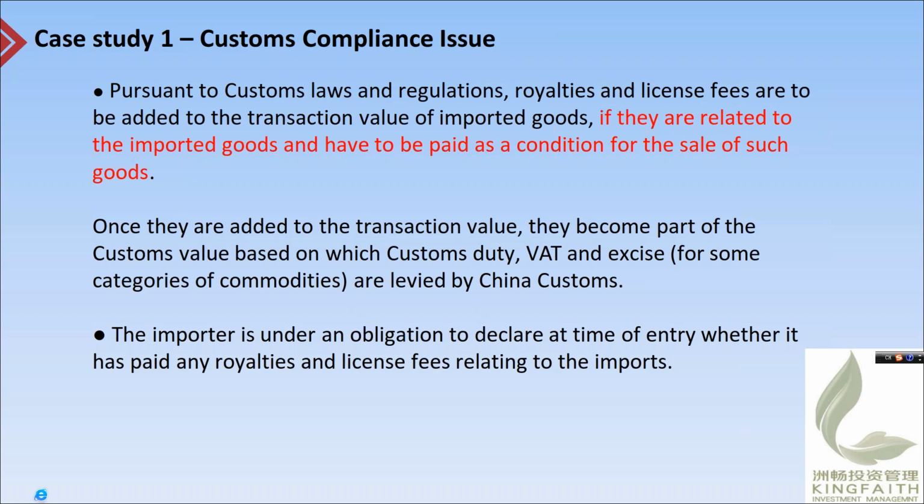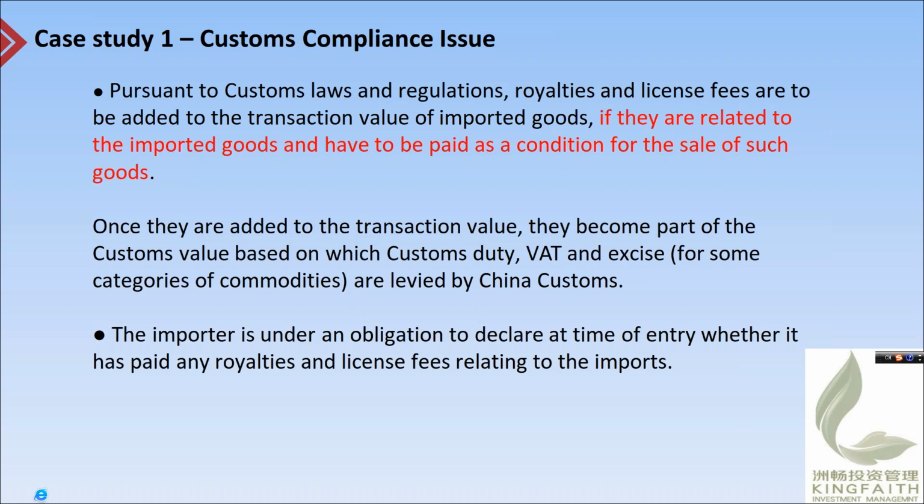In the present case, the customs officer argued that it's obvious the royalties and license fees paid for the trademark right are related to the imported goods, because the imported goods bear the trademark. So for this point, we agree with the customs. There's no doubt about this point.